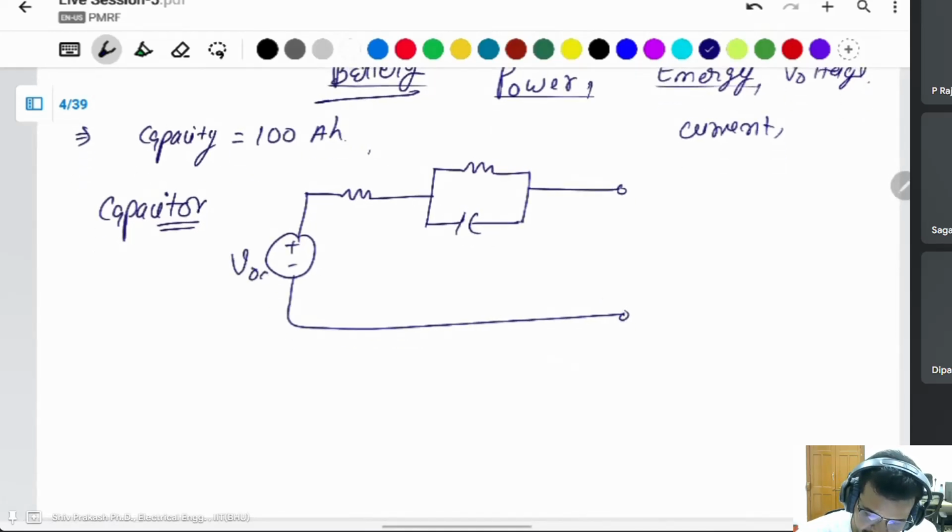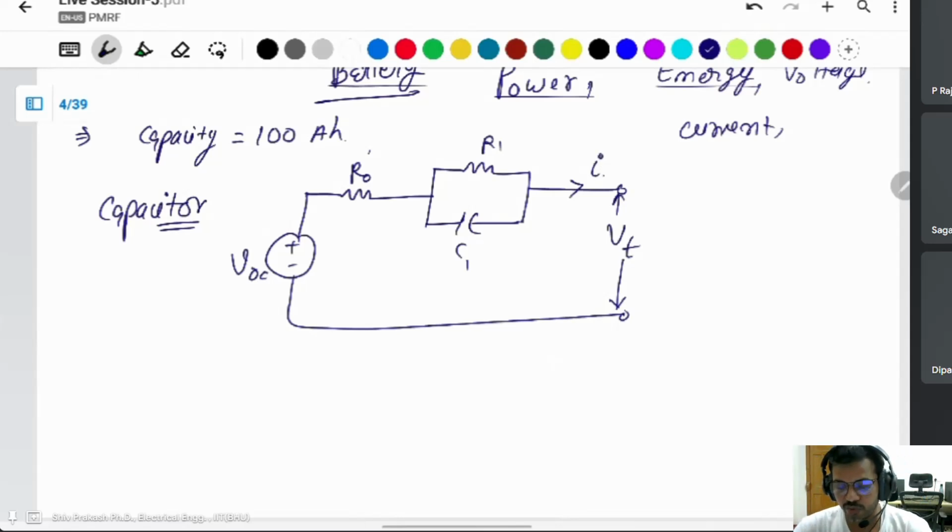VOC is the open circuit voltage with the internal resistance, and R1 C1 are the dynamic resistance and capacitor. This is the terminal voltage. All of you know about this equivalent circuit diagram of the battery.